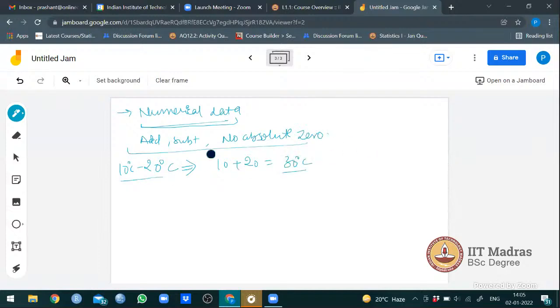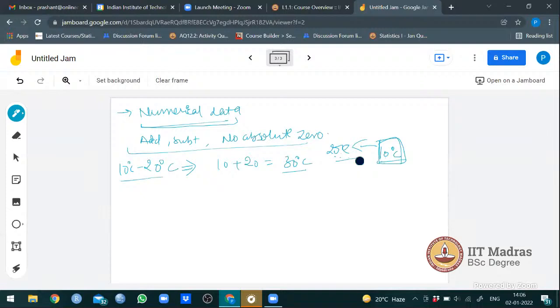Suppose outside the room there is 20 degrees Celsius and inside the room there is 10 degrees Celsius. You can say there is a difference of 10 degrees Celsius, but you can't say the outside temperature is twice the inside temperature.